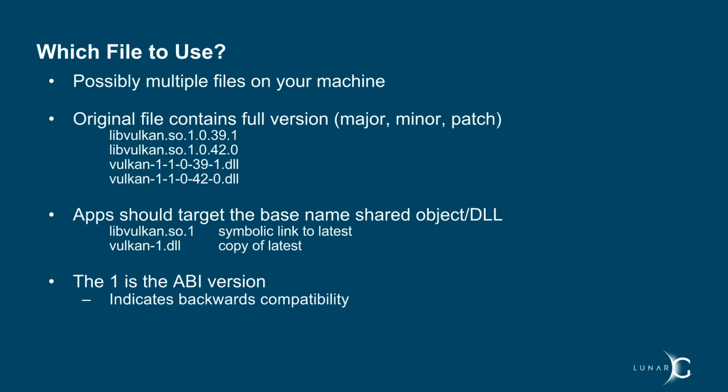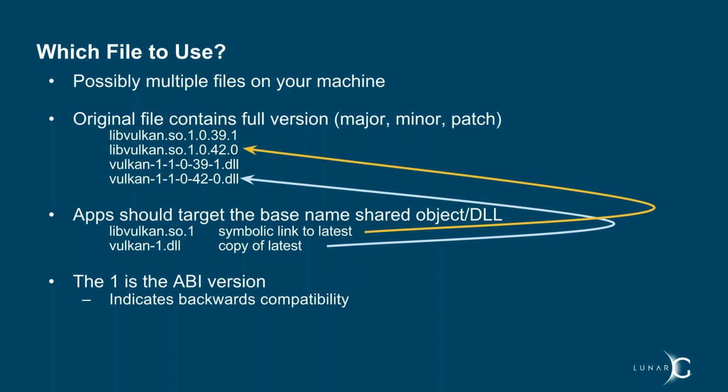So in this second bullet point list, you'll see two Vulkan loaders for Linux called libvulkan.so and then a version, and two Vulkan loaders for Windows called Vulkan-1 and a version. Whenever we install on Linux, we set up a symbolic link to the most recent one, and that symbolic linked file is called libvulkan.so.1. That is the file you should be linking against.